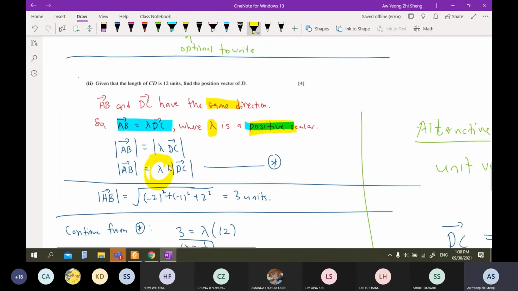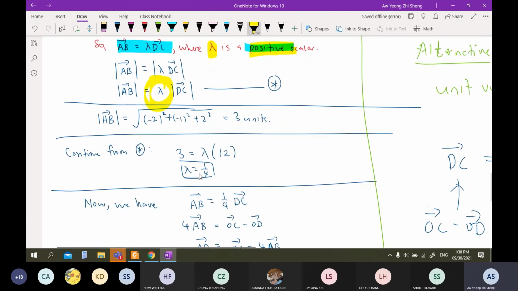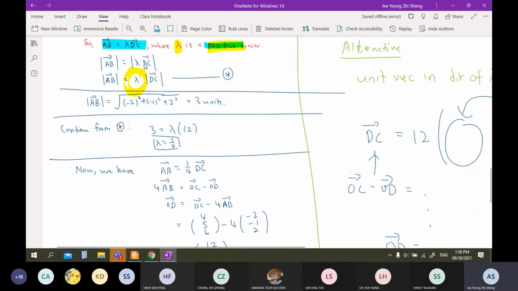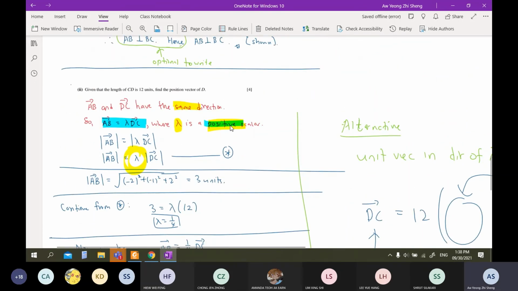If I keep the modulus there, I will eventually get lambda equals plus minus 4, and that will lead me to two different answers. In this question, there's actually only one answer. So it's useful to know that lambda must be positive, so that you can remove modulus from your lambda.